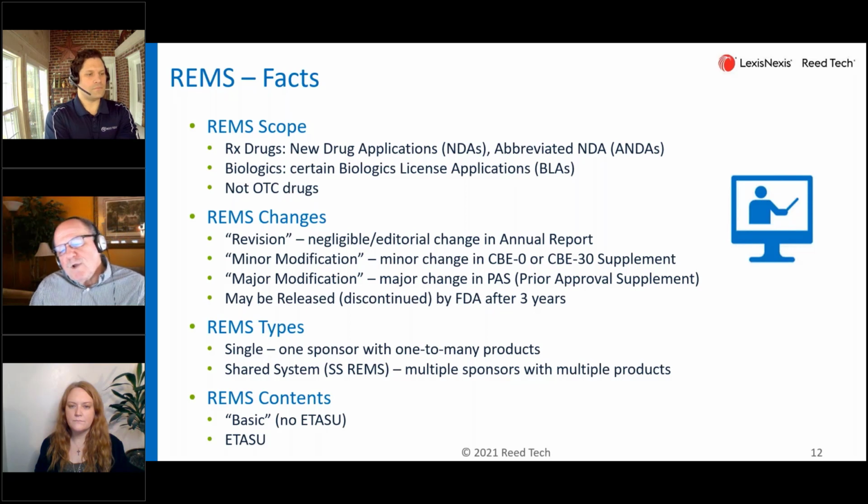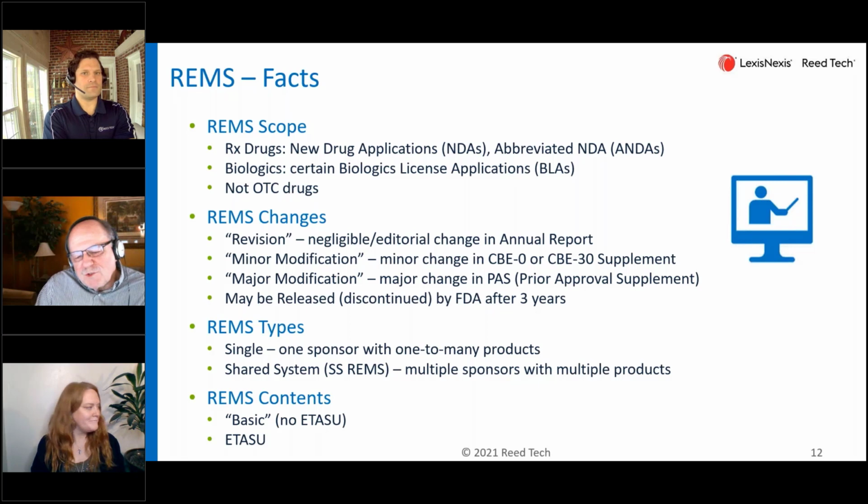So a shared REMS, by definition, will have multiple sponsors, so multiple manufacturers typically would be involved, and obviously there are multiple products. We use the term here inside RETEC a basic REMS, and that would be a REMS with no elements to assure safe use, and then all the others would have the elements to assure safe use. And we'll take a look at some metrics here in a moment.